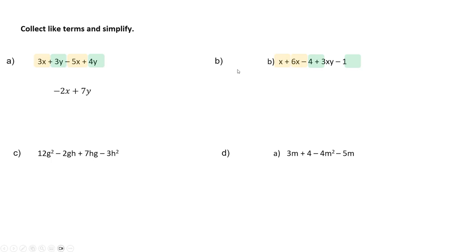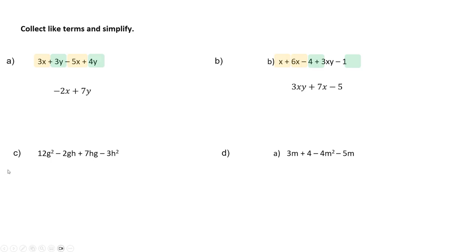So we can collect the x terms to give us 7x. Our numeric terms, or constants, is -4 minus 1. That gives us a -5. And the 3xy is just by itself. It doesn't have any other like terms. So it just becomes 3xy plus 7x minus 5.